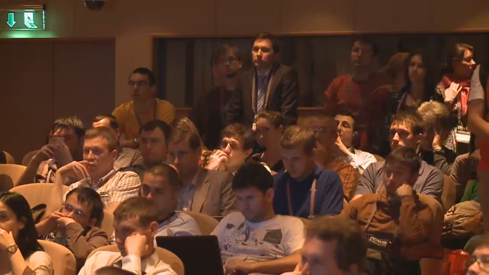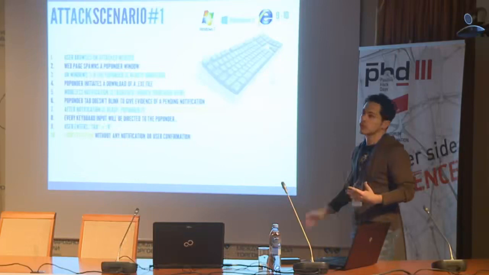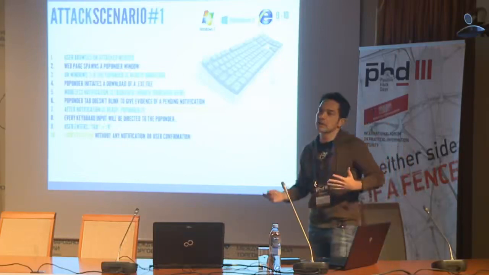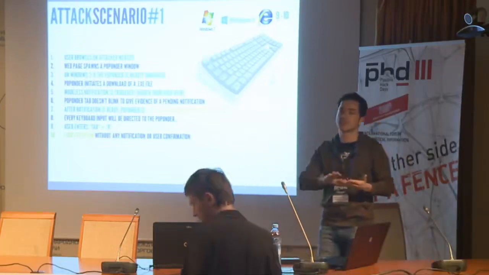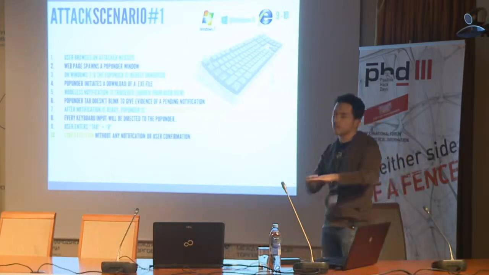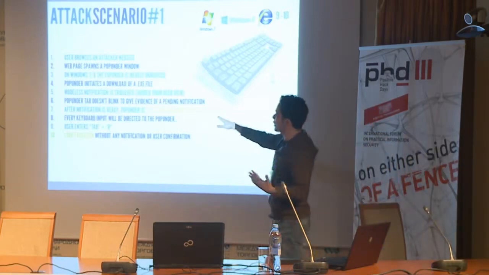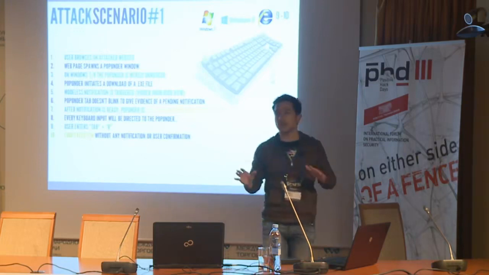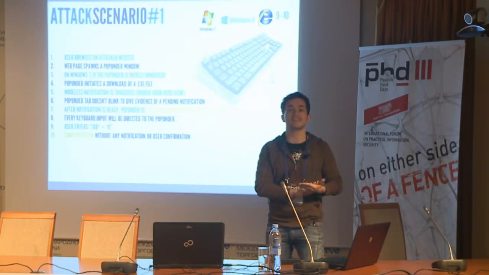The first attack works on Internet Explorer 9 and 10, both on Windows 7 and on Windows 8. The attack scenario is more or less the one depicted before. So you visit the attacker website, it spawns a pop-under, and the pop-under starts the download of a file. All of this is unnoticed. So after the notification is ready, the pop-under window is still in the background, so hidden from the user view, but it has the focus.